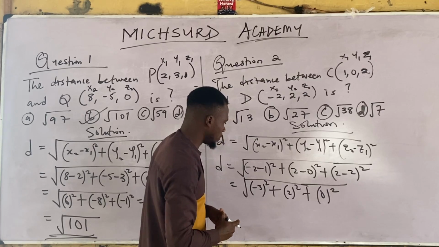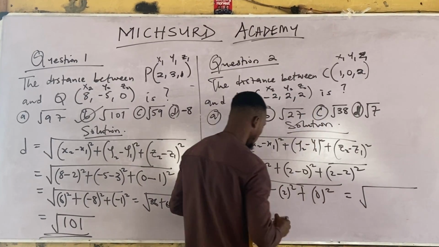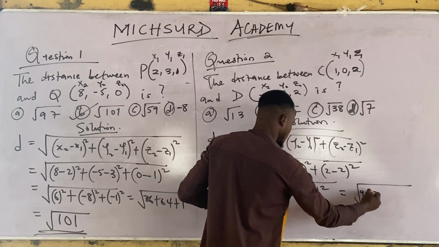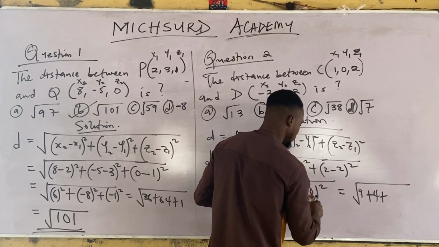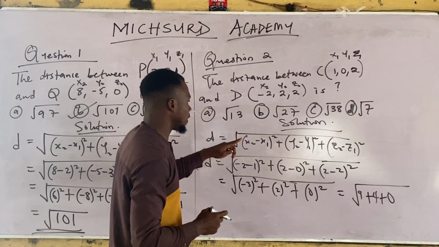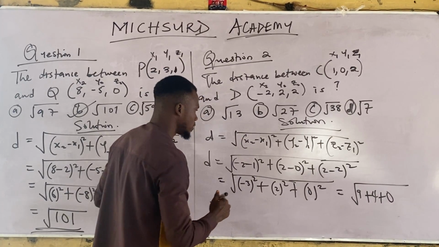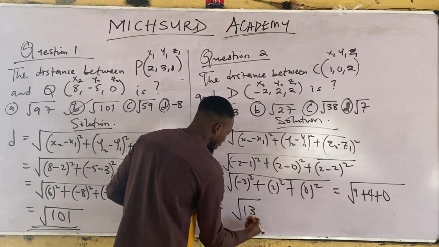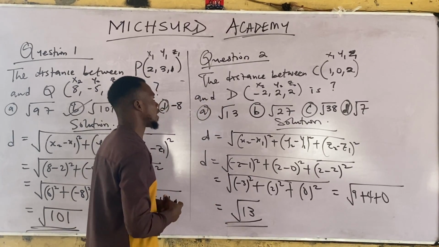So from the solving, we'll have the square root of 9 plus 4 plus 0. So 9 plus 4 will give us 13. So we have the square root of 13, and this cannot be simplified further. So this becomes the correct answer.